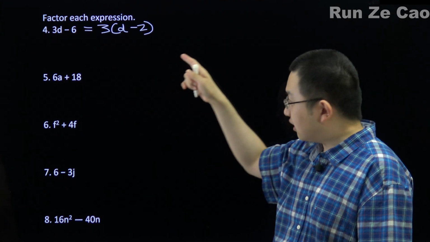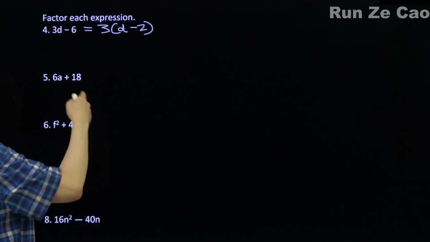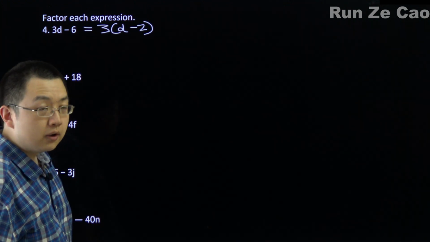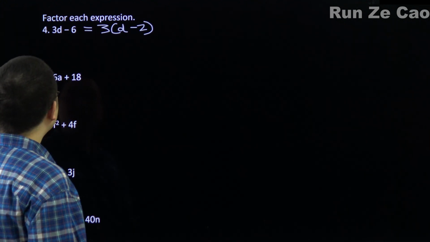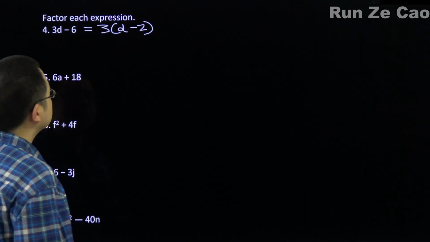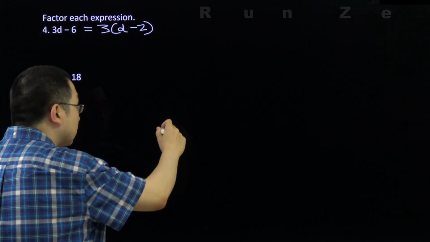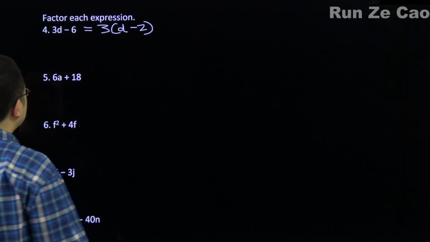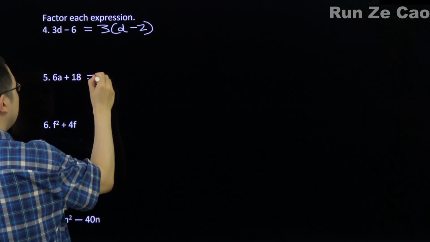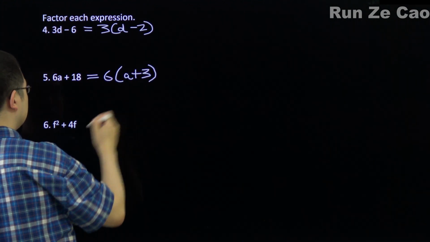If that divides the constant term, or if the constant term divides the coefficient of the variable, it's pretty easy to factor out. Like if you get 4x plus 2, yeah, guys, you're going to end up with 2 times 2x plus 1. Here it's going to be 6 times a plus 3.